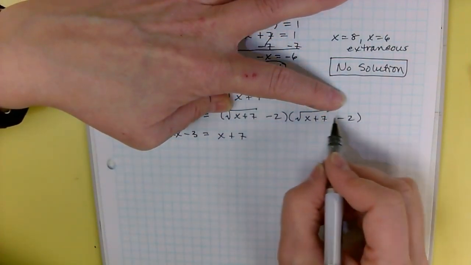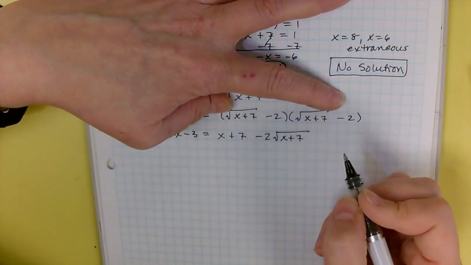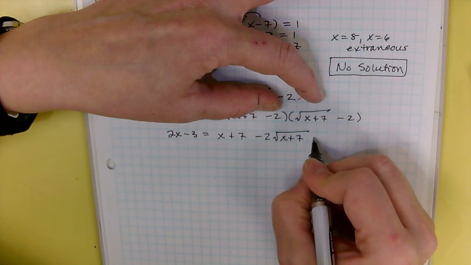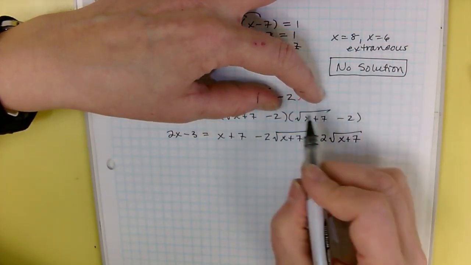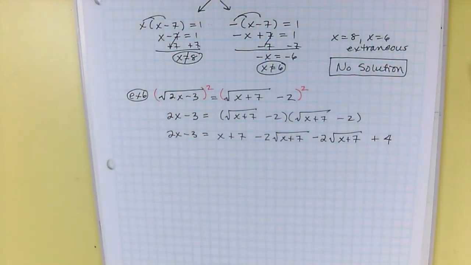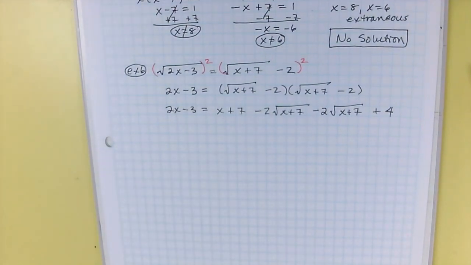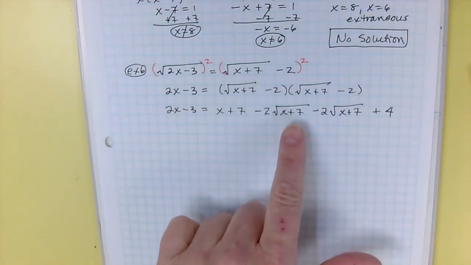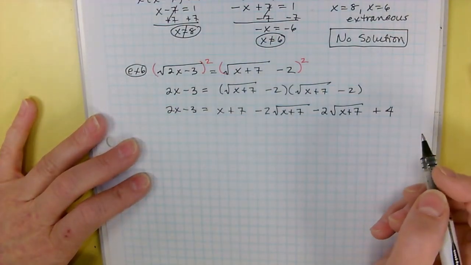Then I have radical x plus 7 times 2, so minus 2 radical x plus 7. Negative 2 times radical x plus 7 is another negative 2 radical x plus 7. And then negative 2 times negative 2 is positive 4. So we're going to have a radical left, so we need to isolate it again, and this time isolate the new radical.